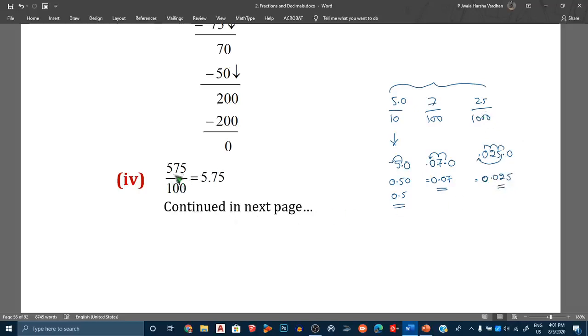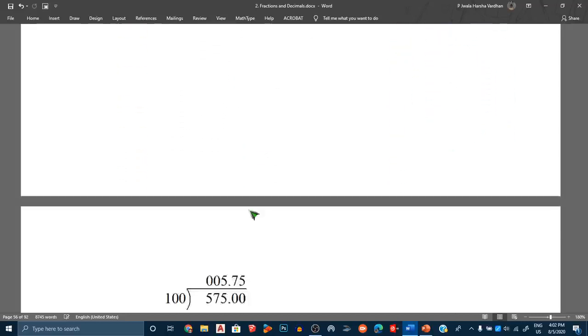Now how can you convert 575 by 100 into a decimal? How many zeros are there in the denominator? 2 zeros are there. So you shift this decimal point to the left side, leaving 2 digits, which is 5.75. 575 by 100 you can write as 5.75.